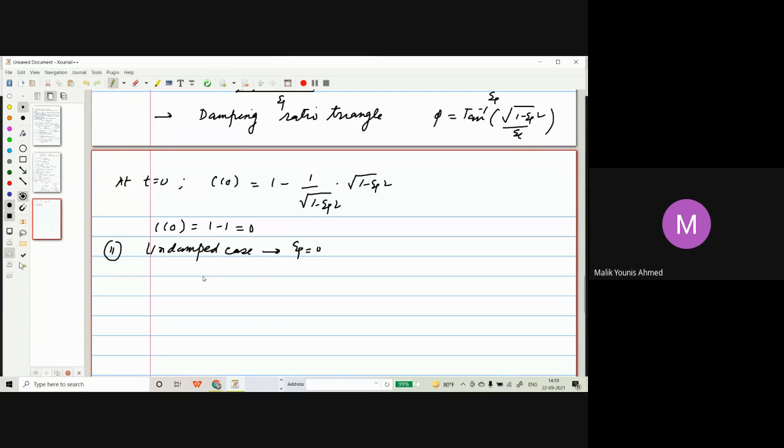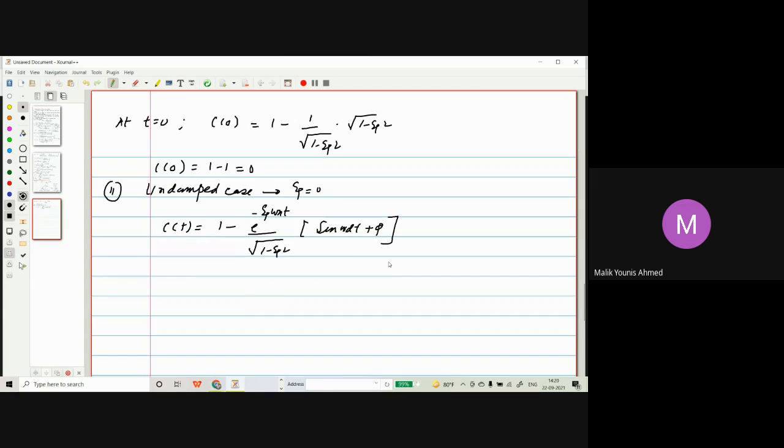So what are we going to get in terms of C of t? C of t will be 1 minus, I will write it again, e raised power minus xi omega n t. You have to remember and memorize this expression. Sine of omega d t plus phi. Phi is tan inverse of under root of 1 minus xi square divided by xi.